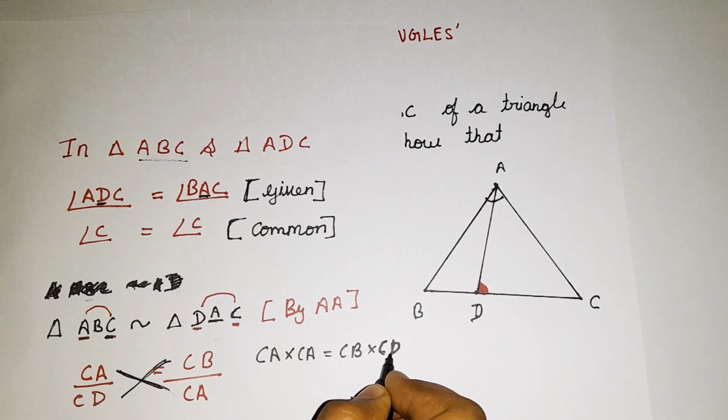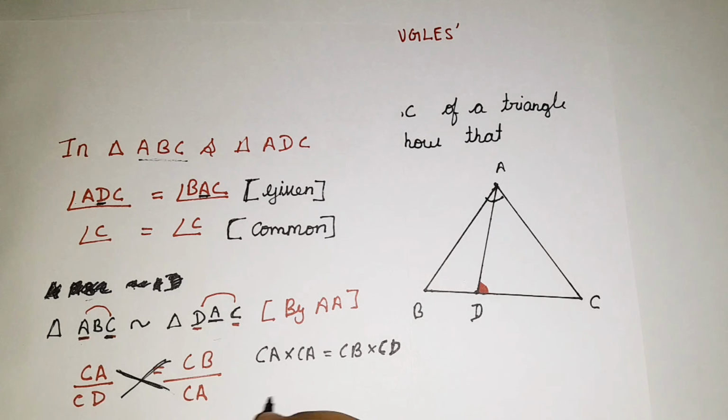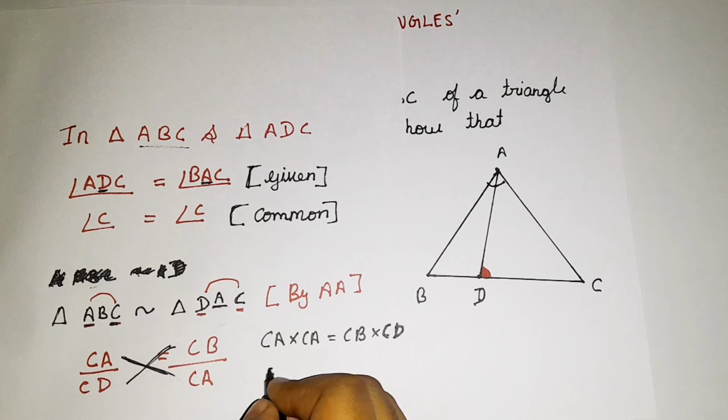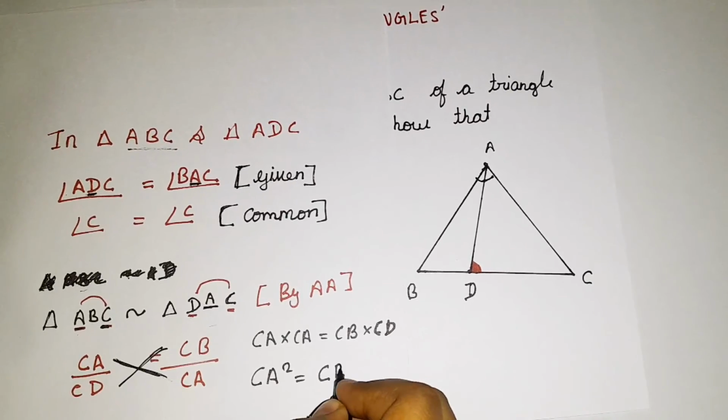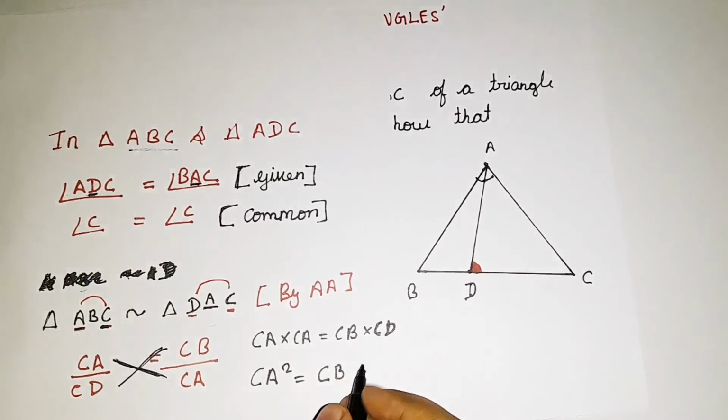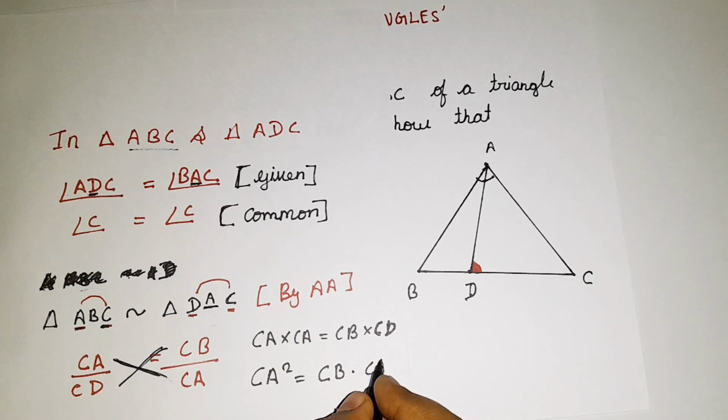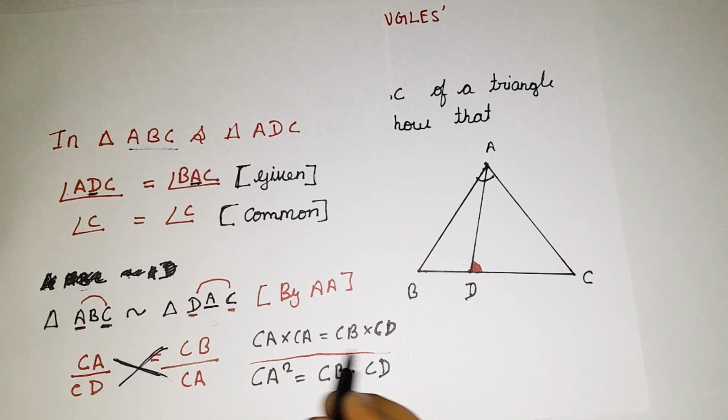I hope you guys understood this. So this is the question. CA into CA is CA square is equal to CB into CD. If you write a point right over here, the point means into. Don't worry, if you write into also no problem, if you write a point also no problem. So this is what we are supposed to prove.